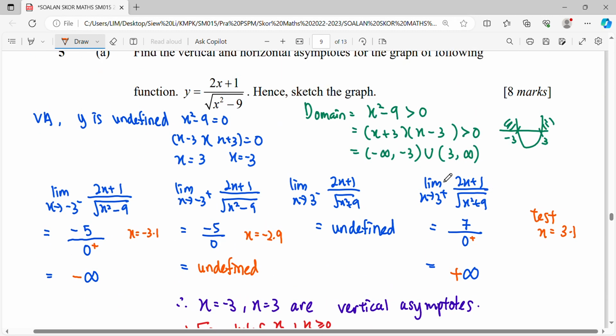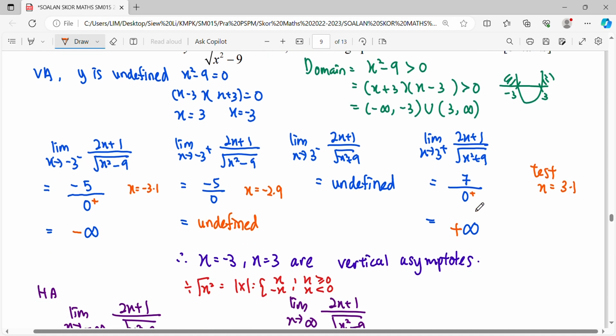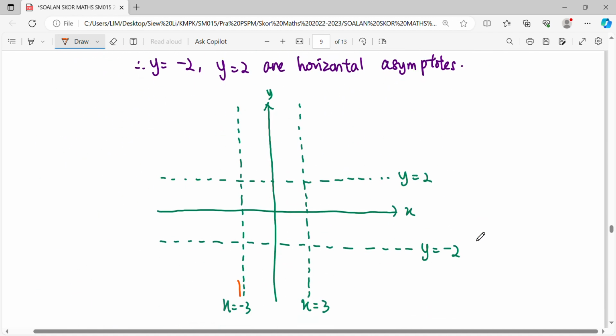Then when x approaches 3 from the right-hand side, your graph is going to positive infinity. When your graph gets near to 3 from the right-hand side, it is approaching positive infinity, so your graph will be nearly here. Positive infinity is going up, negative infinity is going down.